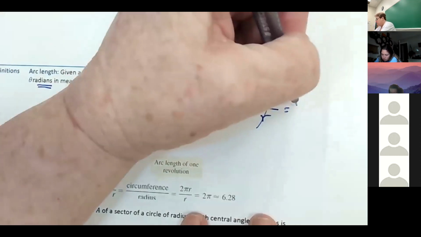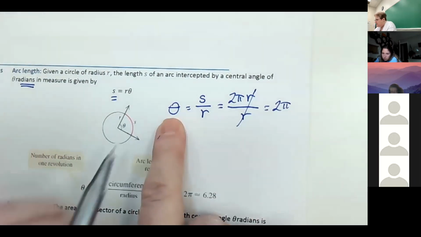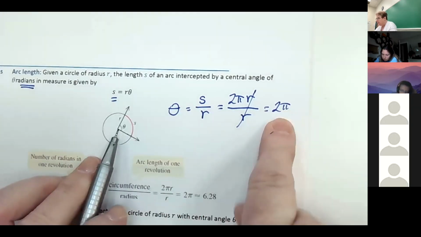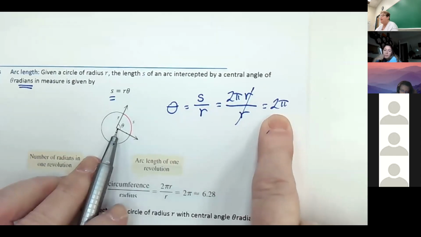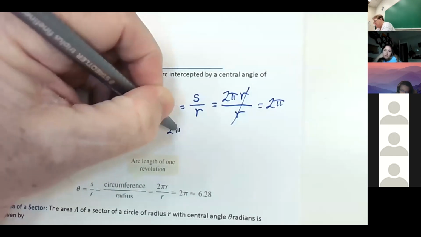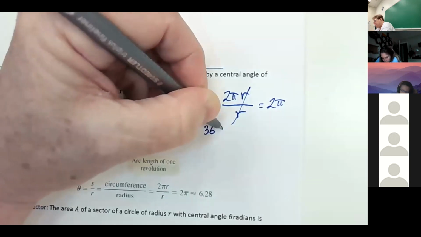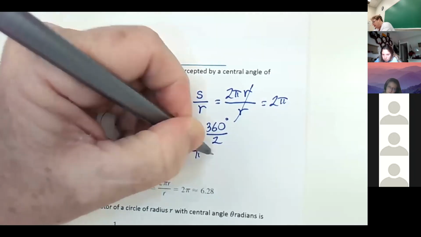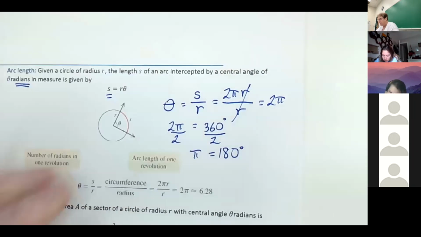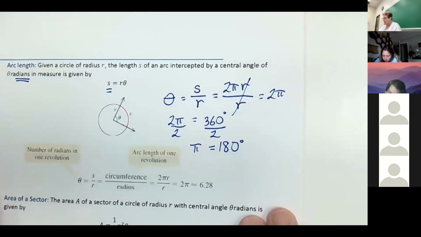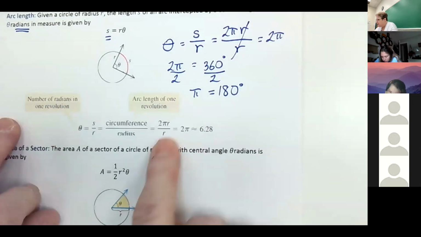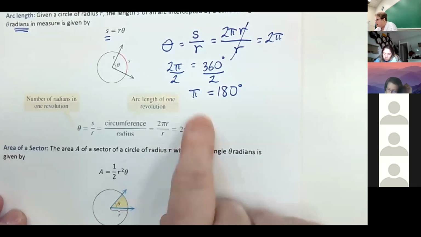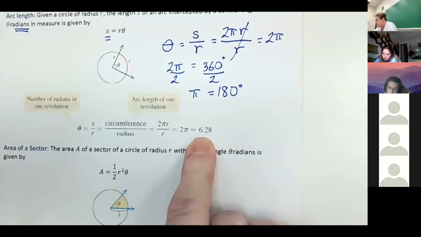So the central angle that intercepts the entire circle has measure 2 pi. And that's how we get that 2 pi equals 360 degrees, and then we can divide by 2 to simplify, and we get pi is equal to 180 degrees. And remember I said there were about 6 radians in one circle. It's not even because it's all in terms of pi, but it's about 6.28.